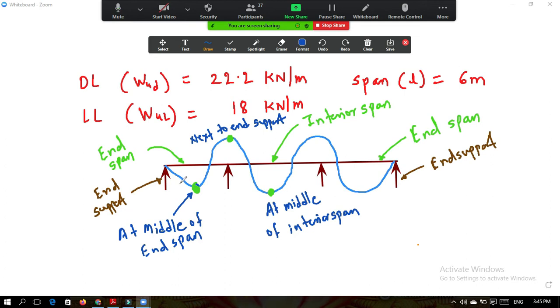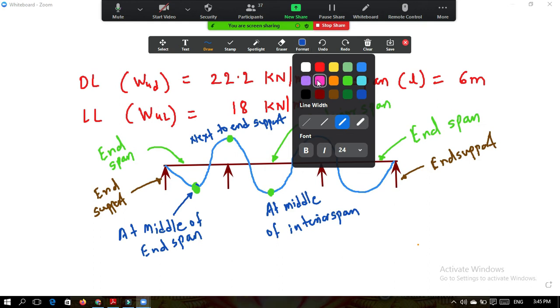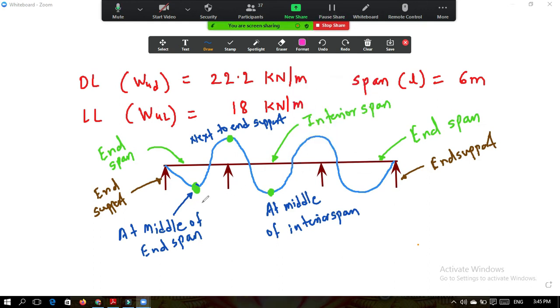Okay, so at the end span, look for the end span, and at the middle of end span. At the middle of end span, dead load coefficient is 1 by 12 and live load coefficient is 1 by 10. So now at this point, dead load coefficient is 1 by 12.